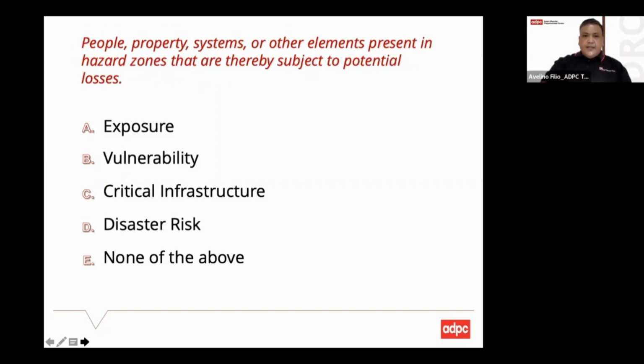Then people, properties, system, or other elements present in hazard zone that are thereby subject to potential losses. So I gave you a bonus already. Vulnerability is not the answer because it was already shown previously. So what is that? You would just have 4 choices.